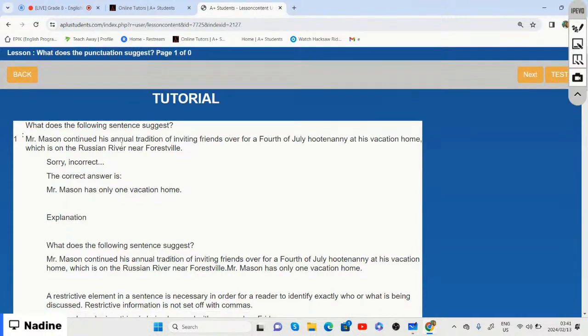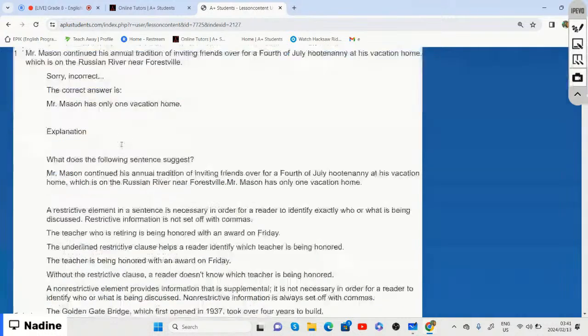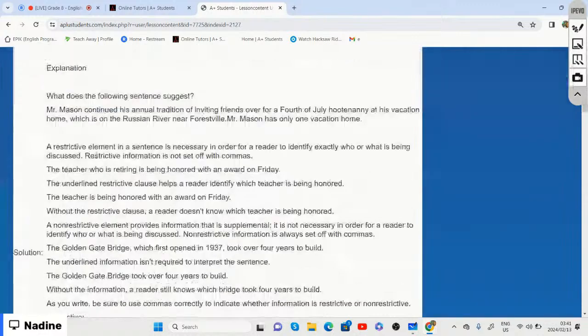Then we have non-restrictive elements. A non-restrictive element provides information that is supplemental. It is not necessary in order for a reader to identify who or what is being discussed.